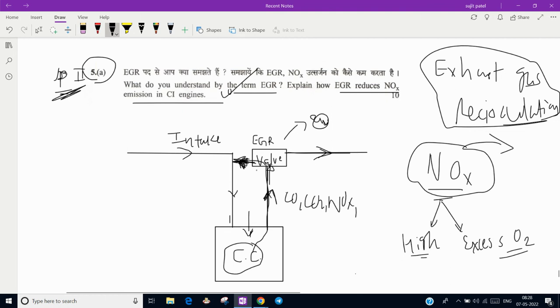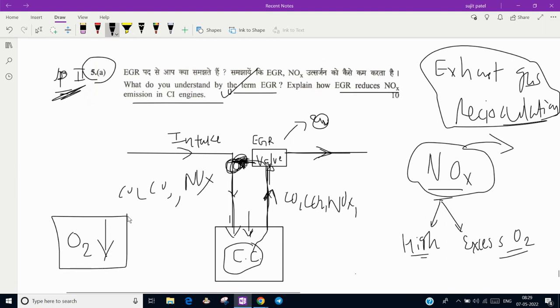Now in the next cycle, this recirculated exhaust gas, which has some NOx, CO and CO2 also, mixes with the intake and comes into the cylinder. Due to this, the oxygen available for combustion becomes less, but not so much less that combustion is not enough. That is controlled by the electronic valve.